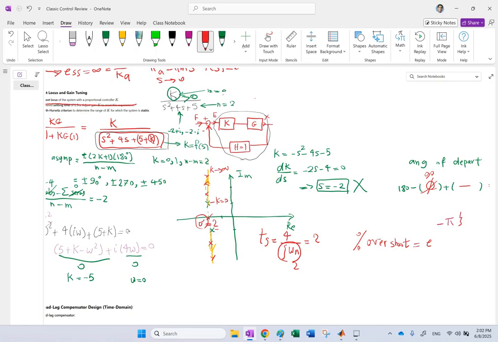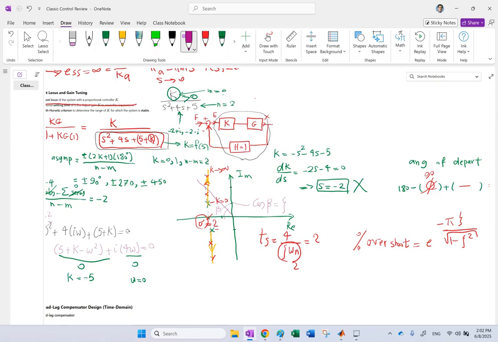And so if you pick a specific overshoot, that means you are picking a specific damping ratio. And picking a specific damping ratio in the root locus means picking a specific radial line, where if you draw that radial line like this, for instance, this angle here, whatever that angle is, cosine of that angle, which we called beta in our notations, is equal to the damping ratio.